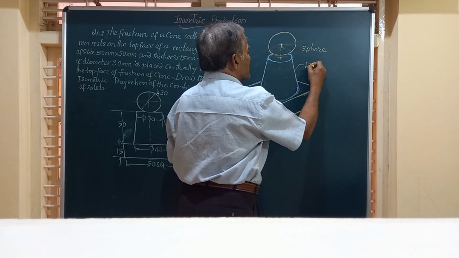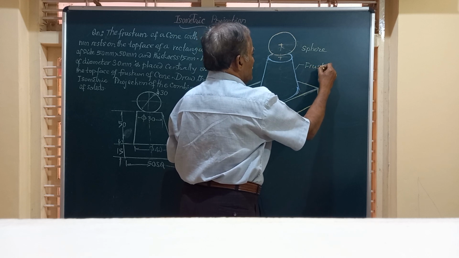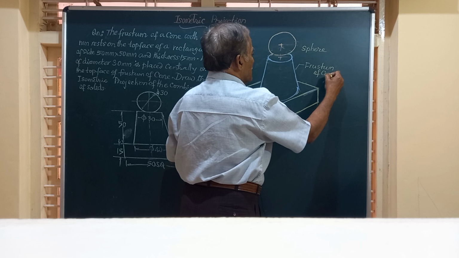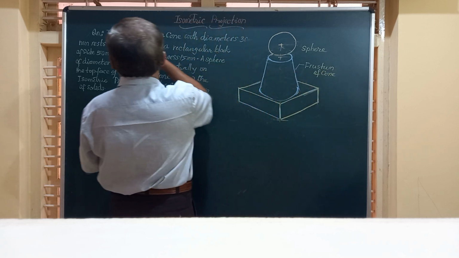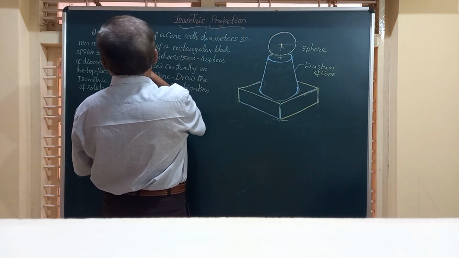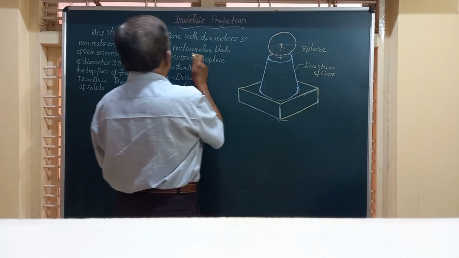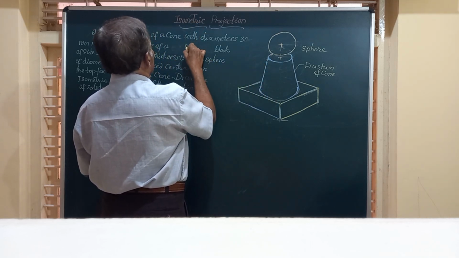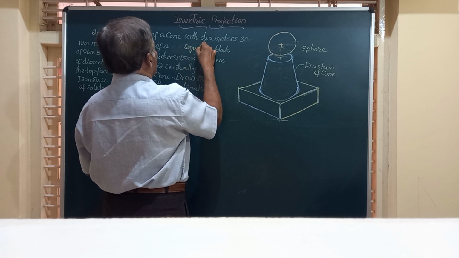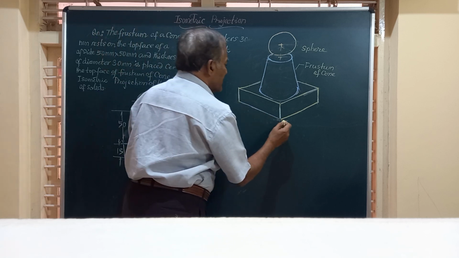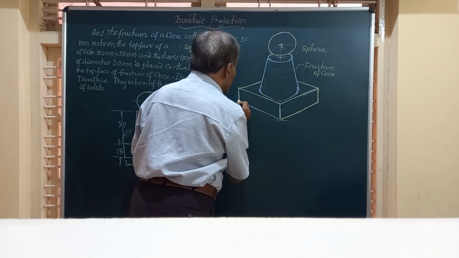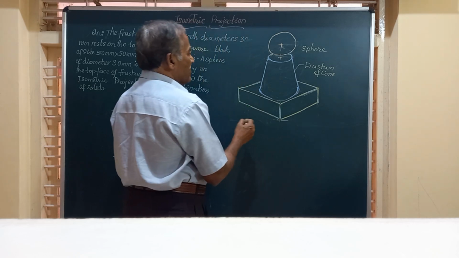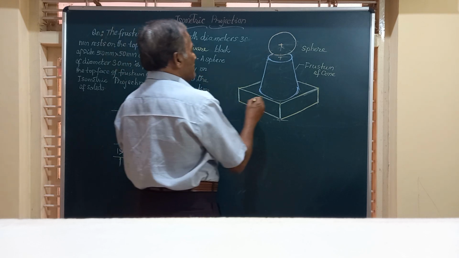This is the frustum of cone, and this is a square block. It's not rectangular, it is a square block because the dimensions are the same, so we'll call it a square block, 50 mm by 50 mm, and it has a height of how much? 15 millimeters.